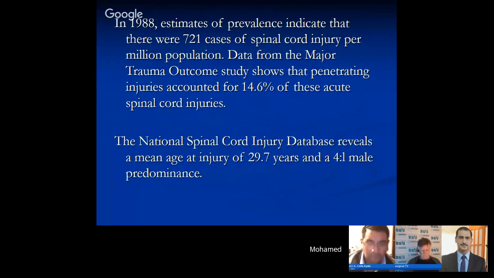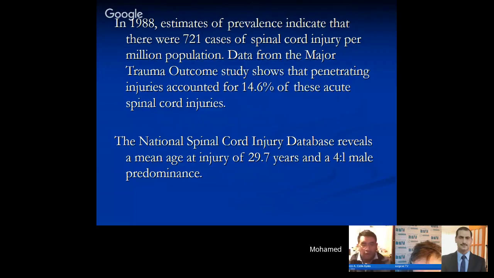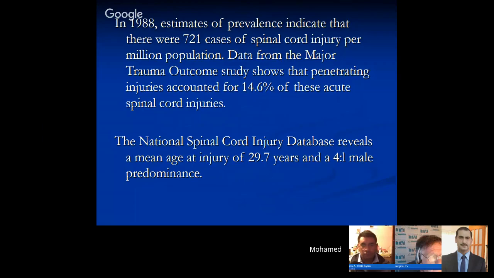In 1988, estimates of prevalence indicate that there were 21 cases of spinal cord injury per million population. Data from the major trauma outcome study shows that penetrating spinal injuries account for 14.6% of these acute spinal cord injuries. The National Spinal Cord Injury Database reveals a mean age at injury of 29.7 years, male to female 4 to 1.